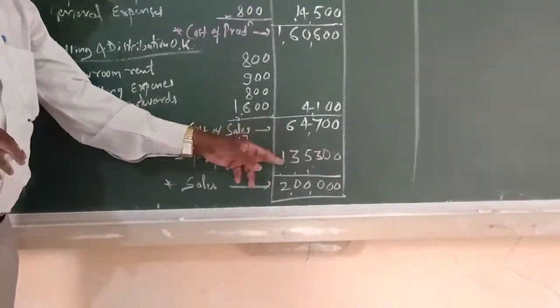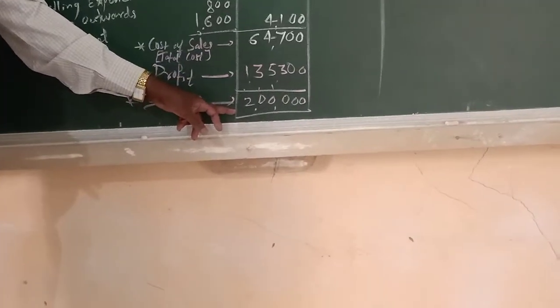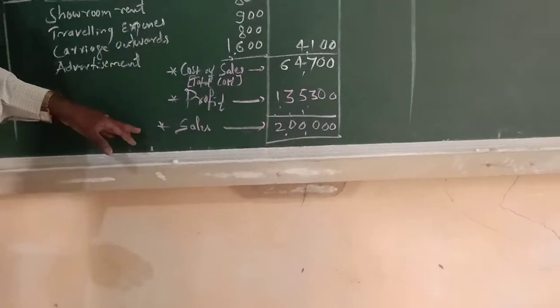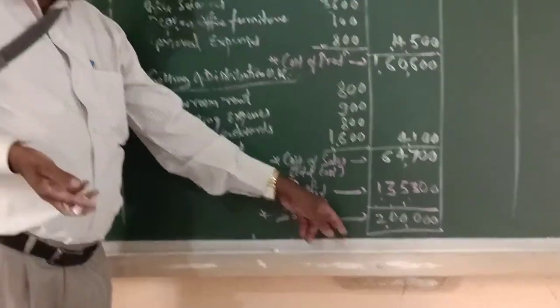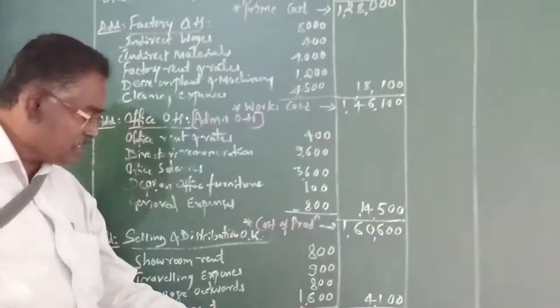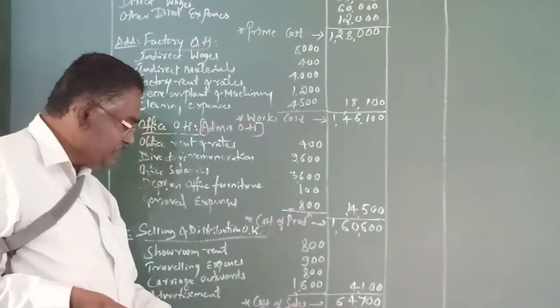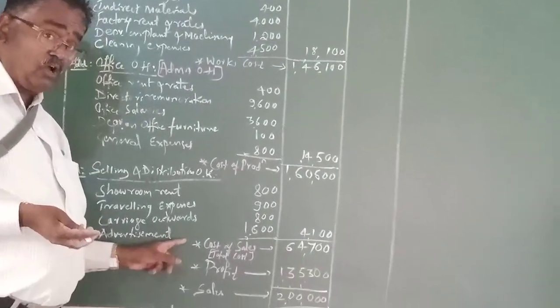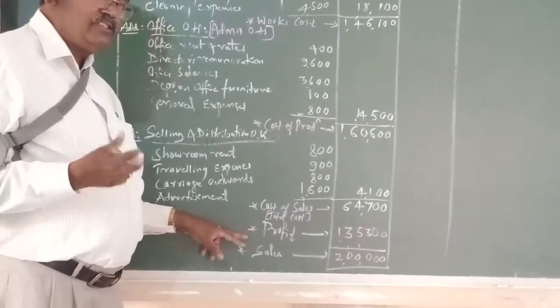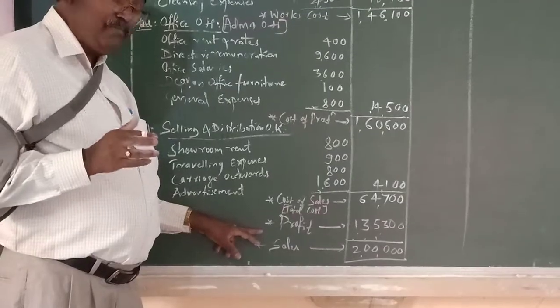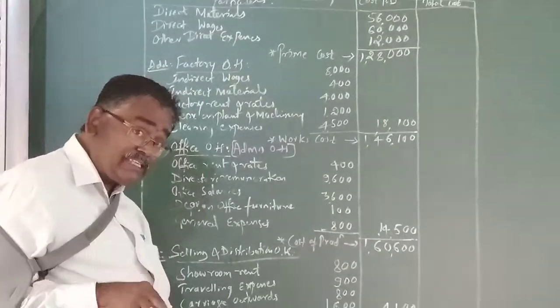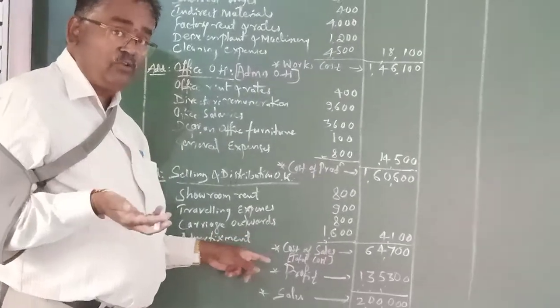Then add these 2 items, the result will be sales price. Here in this case the sales price is given, so by comparison of total cost and sales, the result will be profit. If the sales price is more than the total cost or cost of sales, the result will be profit. Otherwise, if the sales price is less than the total cost, the result will be loss.